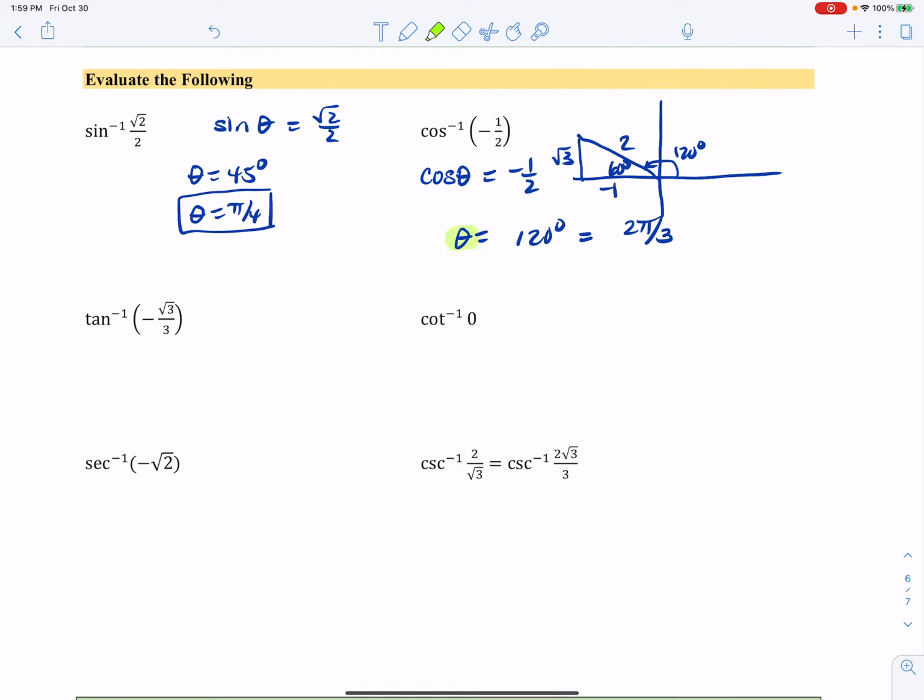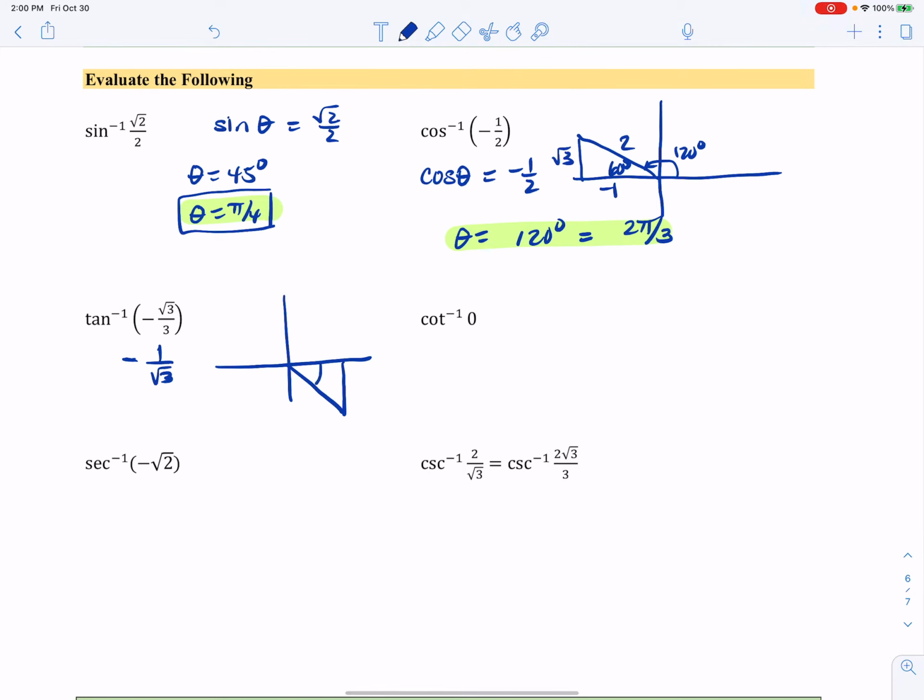Okay, so there's the inverse sine and the inverse cosine. Let's look at an inverse tangent. So here again, we have a negative ratio. Inverse tangent kicks back an angle in either quadrant 1 or 4. This must be 4 because of the negative ratio. And just to remind you, this is the rationalized form of negative 1 over root 3.